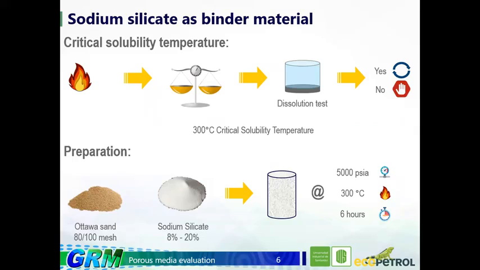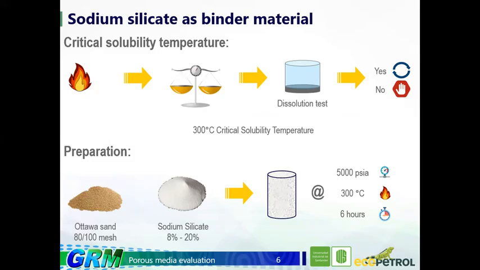The experiment heats the sample and calculates the mass balance, and also makes a dissolution test to know if the temperature applied to the sample is the critical one, or if a new test is needed to find the real critical solubility temperature. In this case, 300 Celsius degrees was found to be the critical solubility temperature for the samples developed in the laboratory.